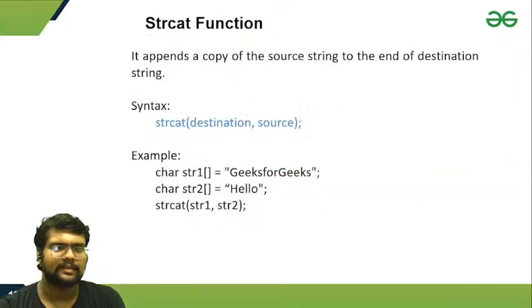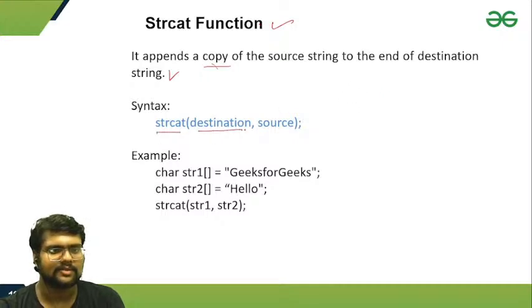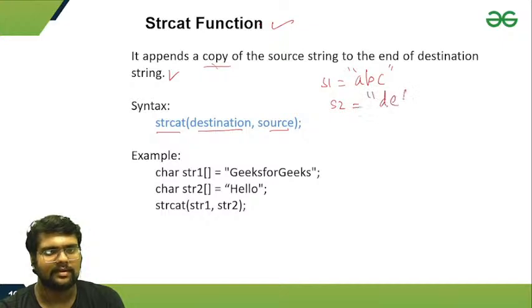Now we have our next function, that is the string concatenate function. It appends a copy of the source string at the end of the destination. So this is strcat, in which we have to specify the destination first and then the source. So it will append it. If we want to concatenate two strings, I have s1 equal to abc, and s2 equal to def.